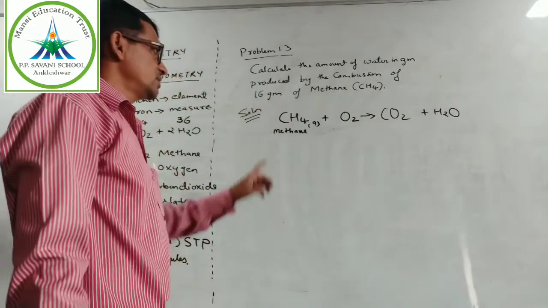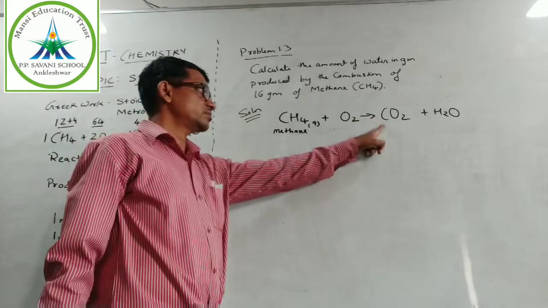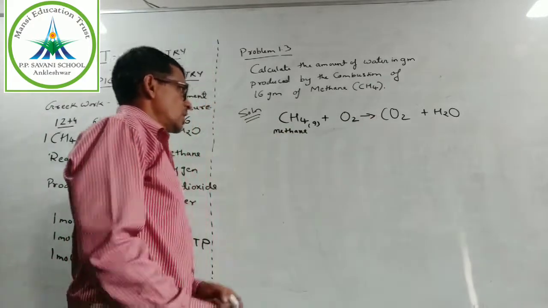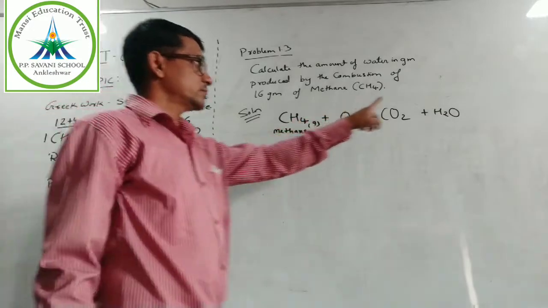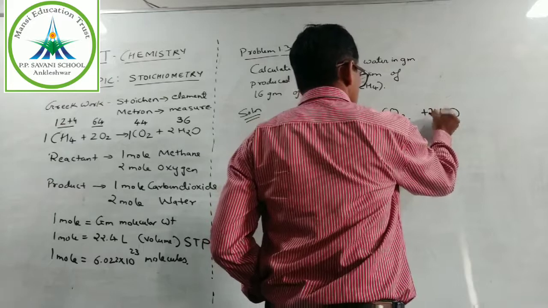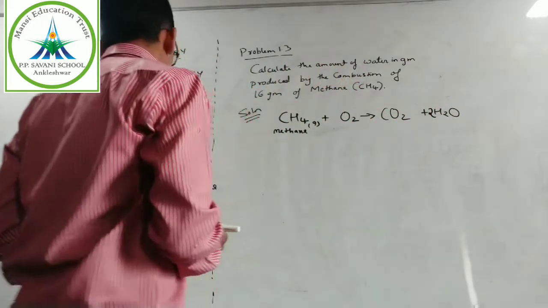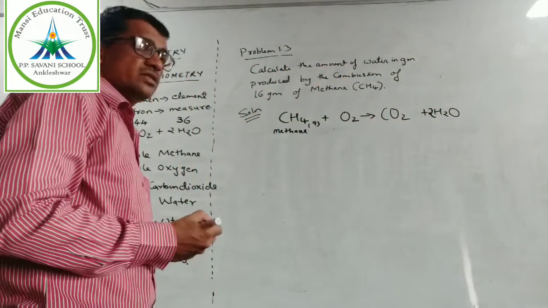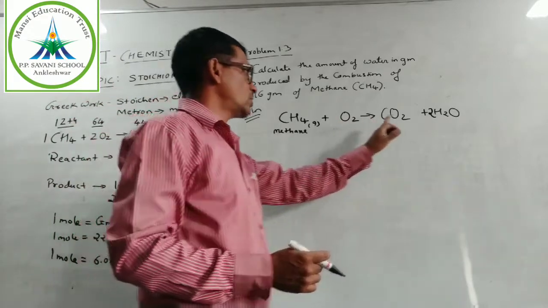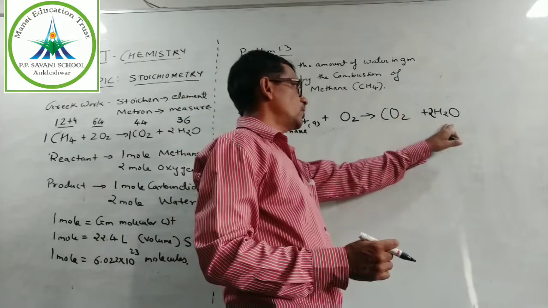If you try to balance it, first carbon is same, here 1, here 1. Hydrogen here it is 4, there it is 2. So first we balance hydrogen. So 2 mole of water is produced. Now we balance oxygen. On reactant side 2 oxygen, on product side 2 and 2, 4 oxygen.